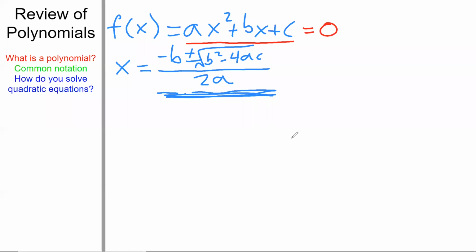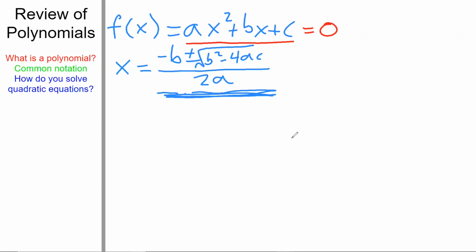So typically you won't need the quadratic formula, because a lot of times you can actually factor. The quadratic formula is just a way to find the roots of a quadratic.